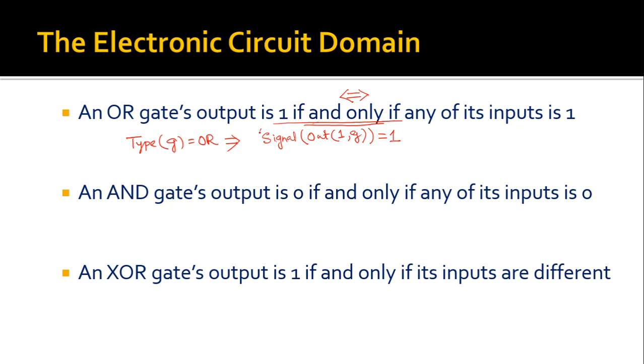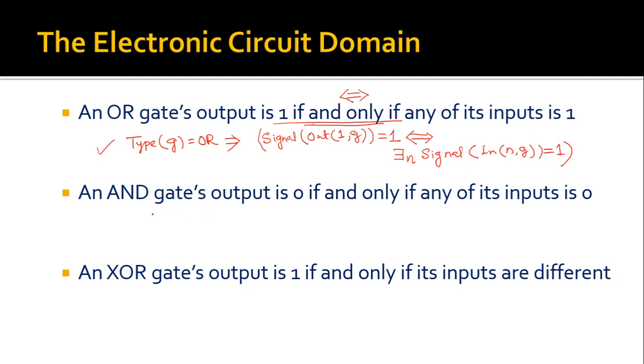So this will imply, and of course both ways imply, because we are modeling if and only if there exists one input terminal where the signal is 1, right? So in G should be equal to 1, right? So this is how we define OR gate.